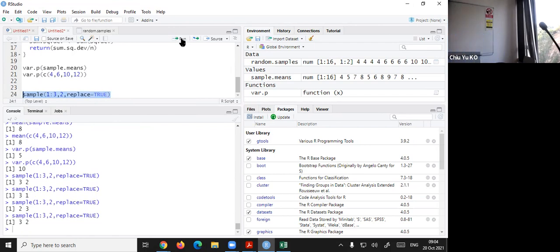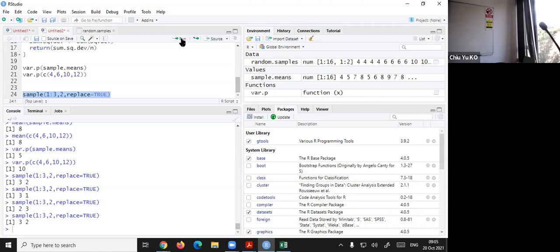So I ask the computer to draw one number here and draw again, and I say replace TRUE, which means that once I draw, I still have the same set of numbers. So sample actually means simple random sample.